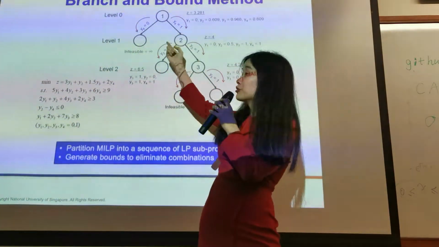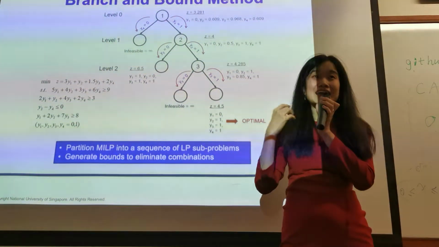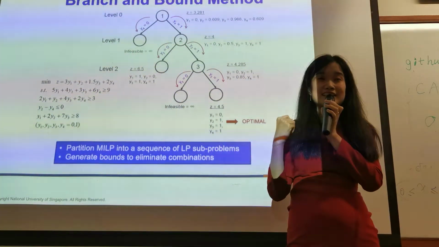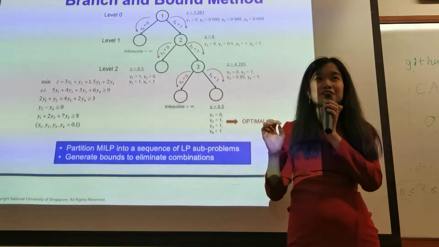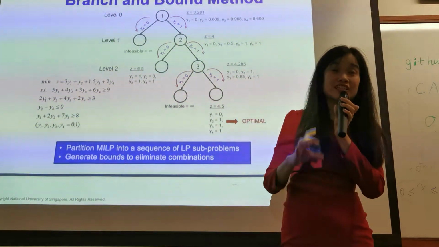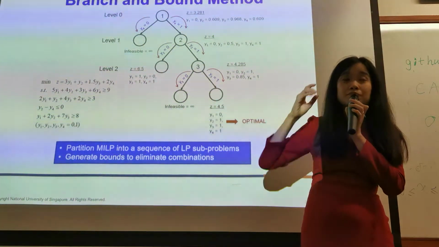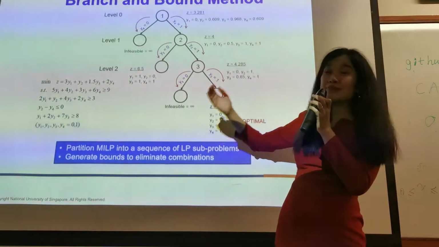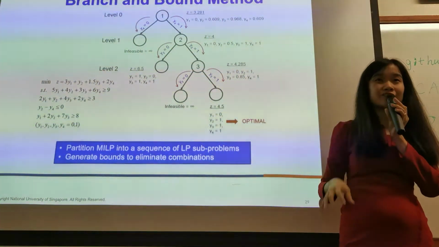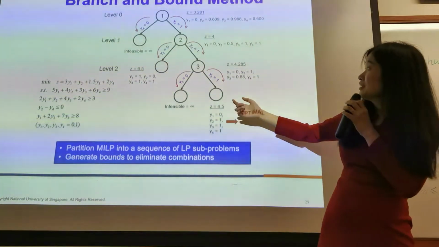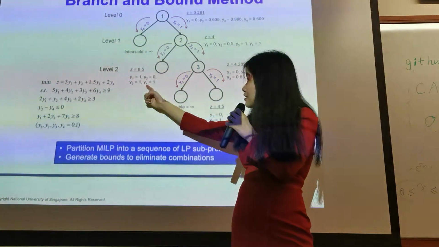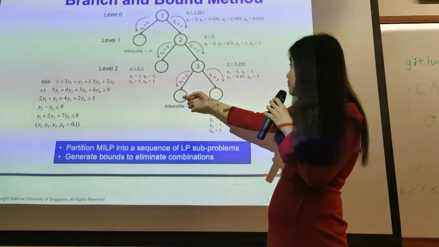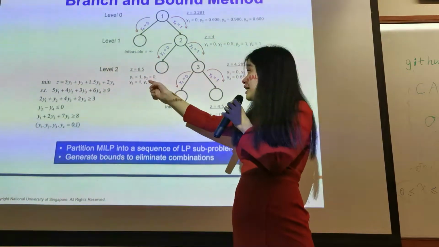Of course, how you choose y4 or y2, you can design a criterion, like if it's closer to 1 or closer to 0, choose this. So this is part of your choice, which variable you choose to cut the branch on. It may cause different effects. It's also one part of the algorithm. Here we just show further that we choose y2, and still I got the solution, but this is already an integer solution.